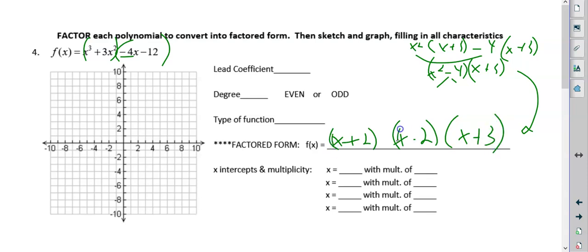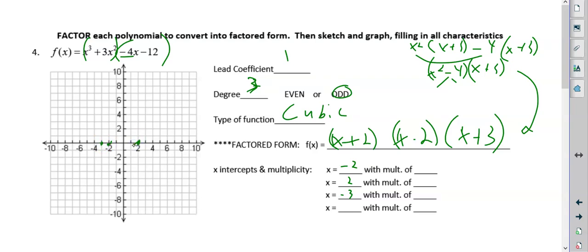You can see these are all 1's. So lead coefficient is 1. There are 3 x's. That is an odd number. That's a cubic. My intercepts are going to be -3, -2, and +2.